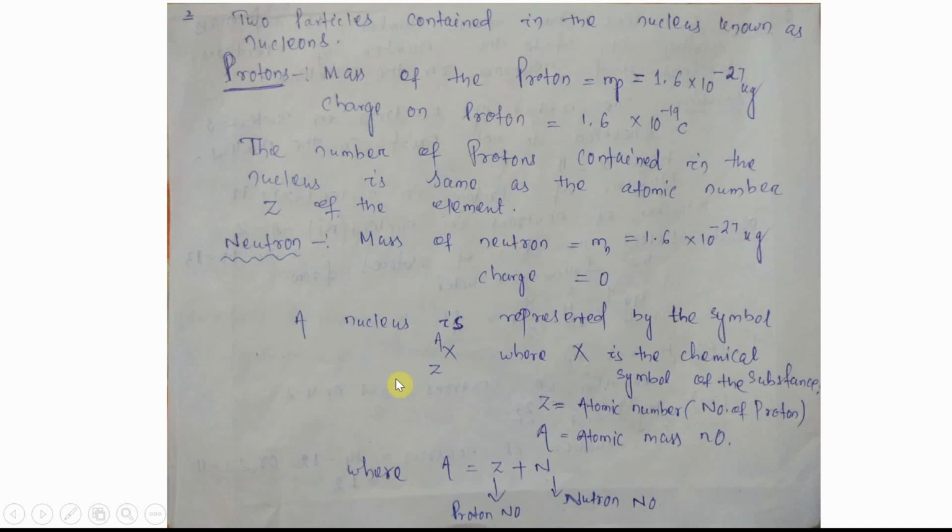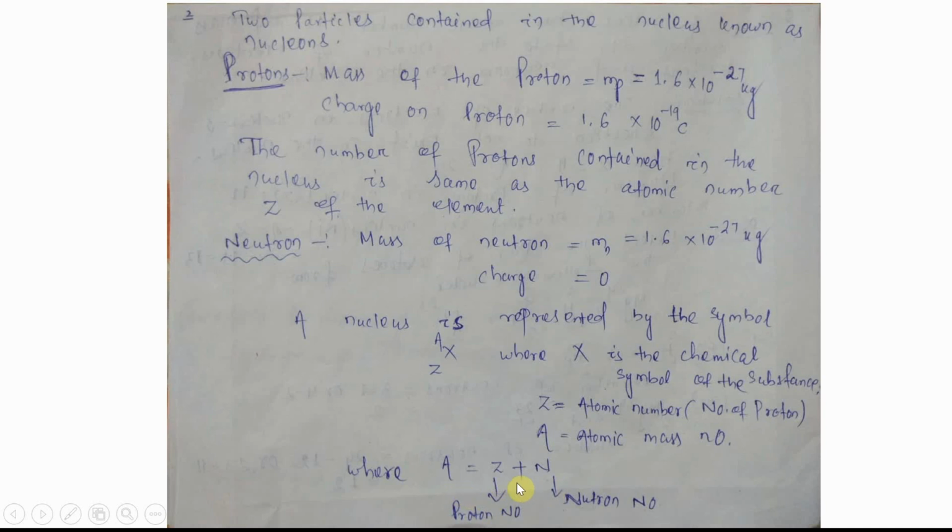Now we have to know how a nucleus is represented. Suppose X is the chemical symbol of the substance, for example hydrogen, helium, lithium, uranium, and so on, and it is represented as X with Z and A. On the below left side we write Z, and on the above left side we write A. Here Z is the atomic number, that is the number of protons, and A is the atomic mass number.